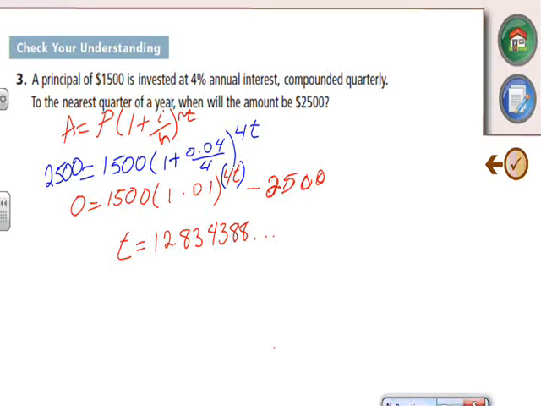So our t-value is 12.83, and we want to know to the nearest quarter of a year. So you look, 0.83, the nearest quarter is 3/4. So t is equal to 12 3/4 years. Or you could put 12.75 if you would prefer.